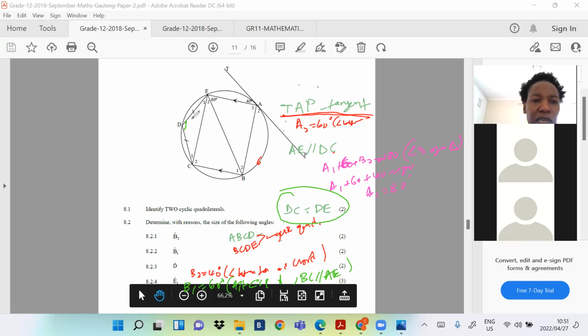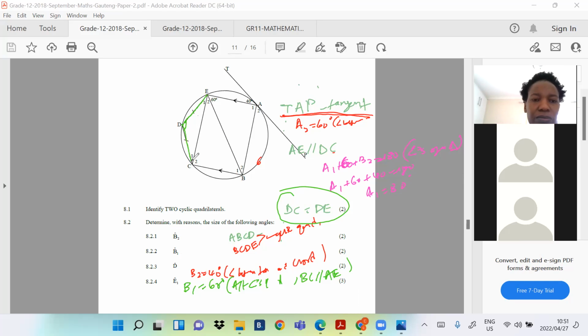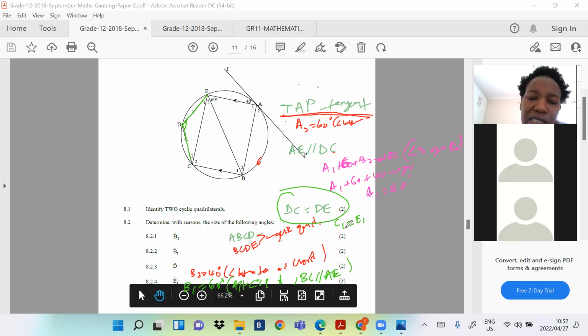It's here. And we were told that this line and that line are equal, right? And if those lines are equal, what can we get from them? That means C1 will be equal to E1. But I don't know if it's going to help us now. Maybe not now. It's going to help us in the future.